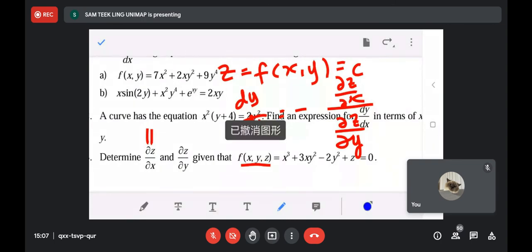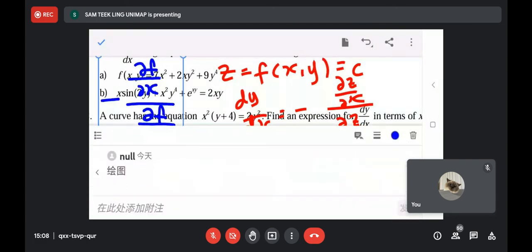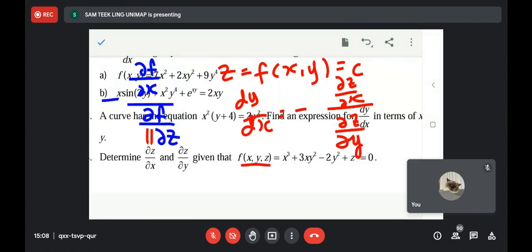Okay, now we write out our formula. If we want to find del z del x, it is negative del f per del x divided by del f per del z.